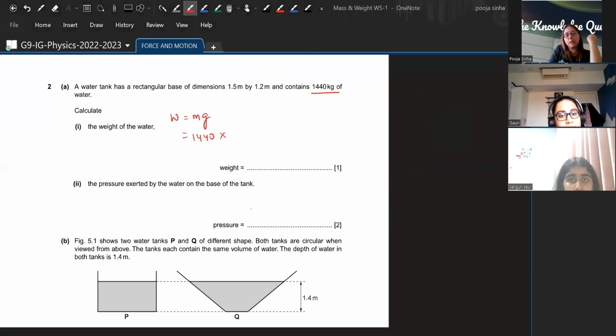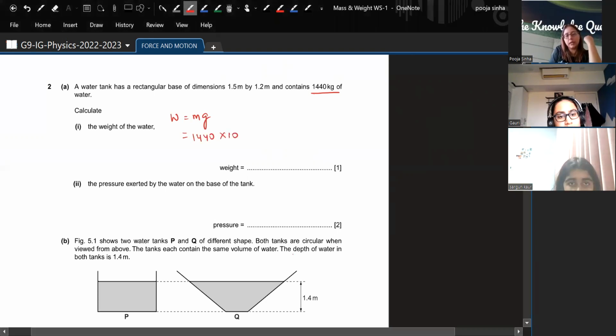So कितना हुआ? 14,400. Unit क्या लिखूं? Newtons. Because weight is nothing but the force. It's a force. याद रखना, इसका unit Newton होगा.